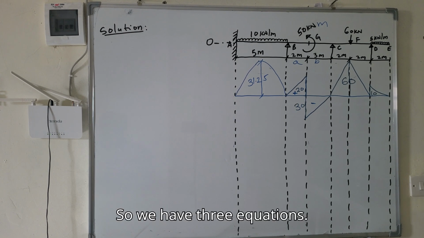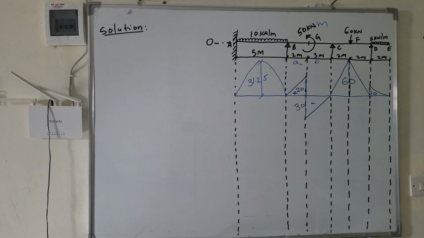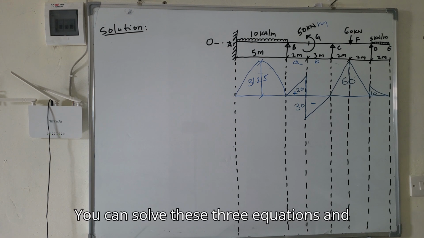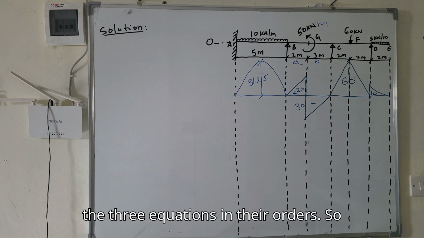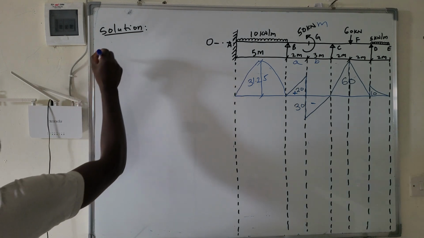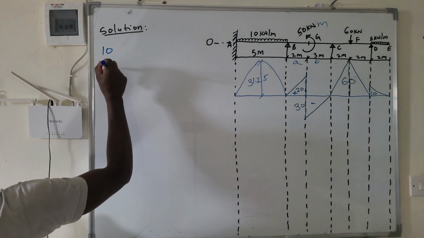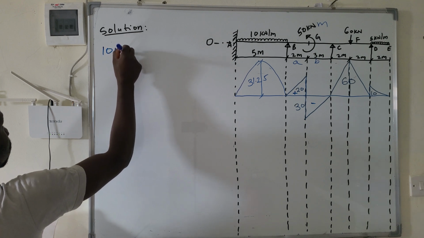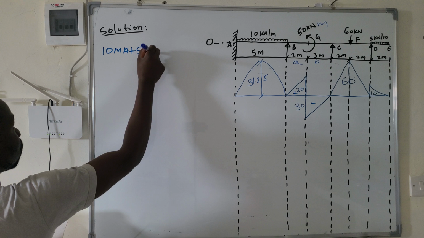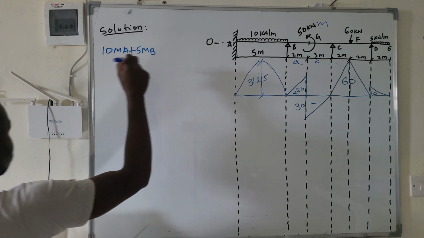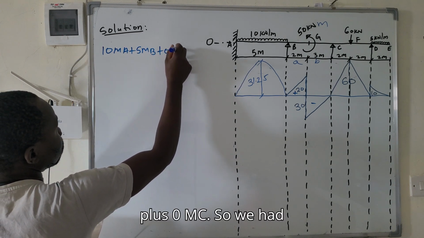So we have 3 equations. You can solve these 3 equations and find the unknown values. Let's arrange the 3 equations in their order. The first one was 10 MA plus 5 MB plus 0 MC.